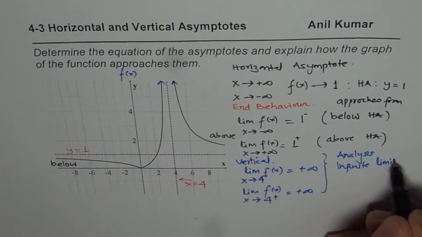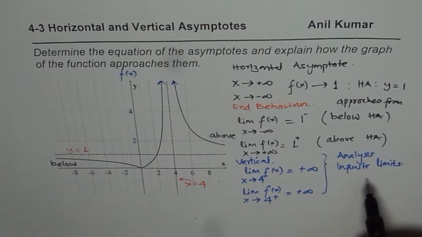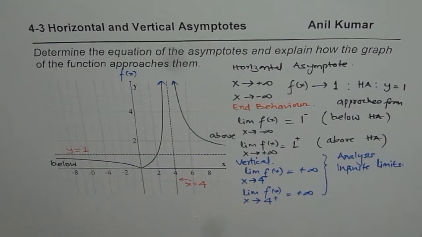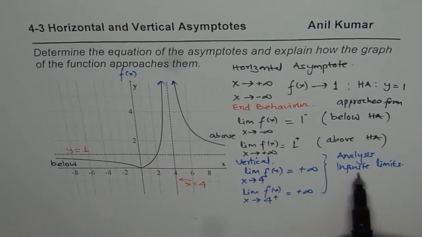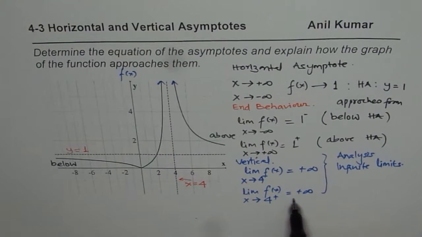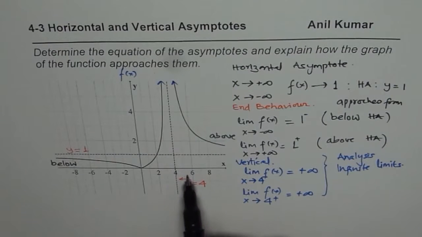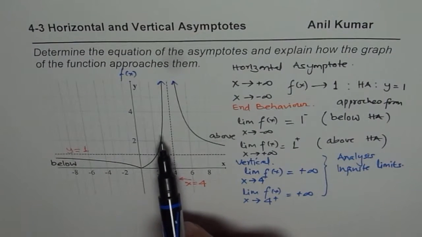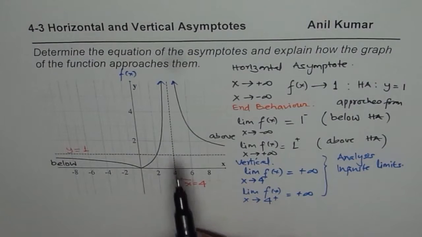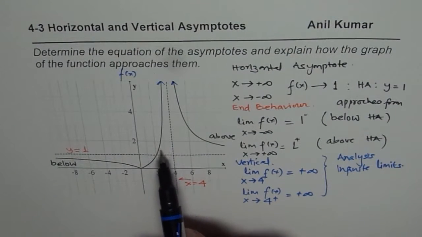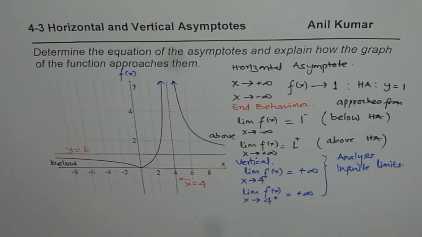Sometimes we may use this term: find vertical asymptote and analyze infinite limits. That really means when you're approaching the vertical asymptote from the left side and from the right side, whether the function approaches positive infinity or negative infinity. It could approach negative infinity also. In this particular case, from both sides, we are approaching positive infinity, right?